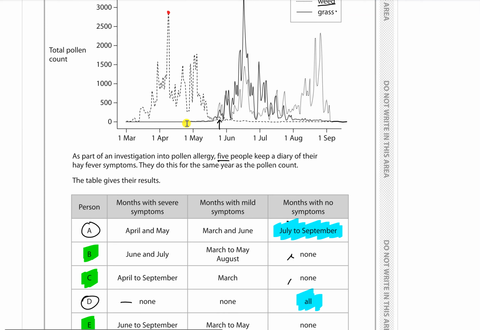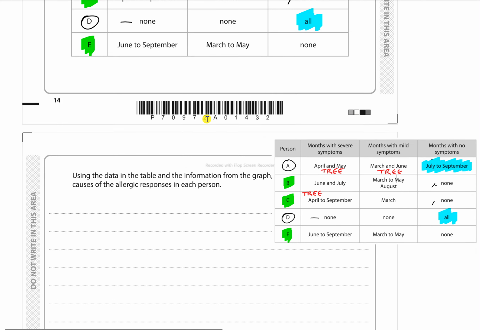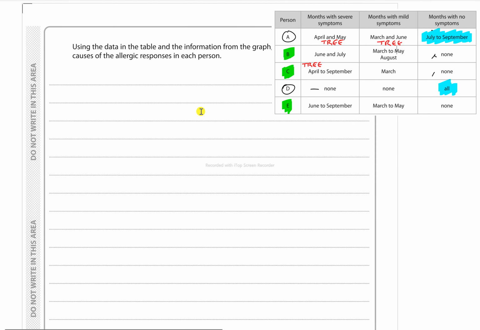April, May, okay. Right, grass is June. It peaks in June. Is there anything in June? June and July. Okay, so this looks like it's going to be grass.